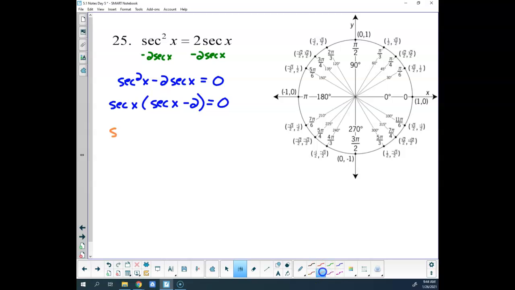Then say, where is secant of x equal to 0? And where is secant of x minus 2 equal to 0? Secant is 1 over cosine, correct? So where is 1 over cosine equal to 0?